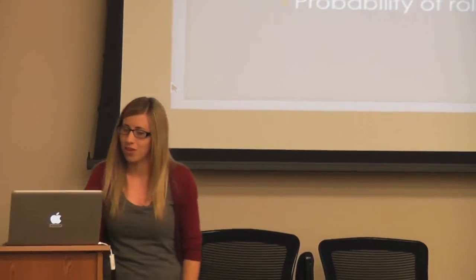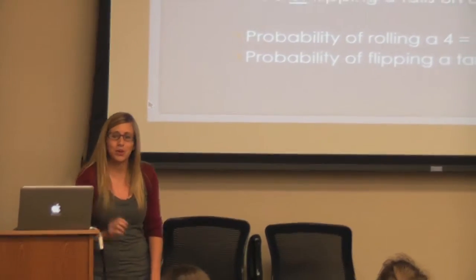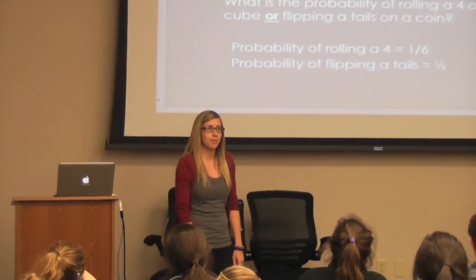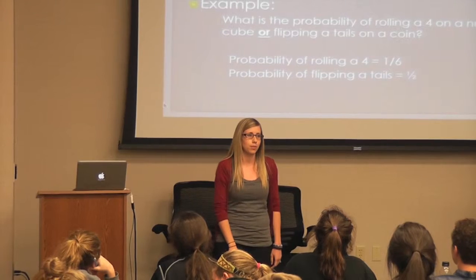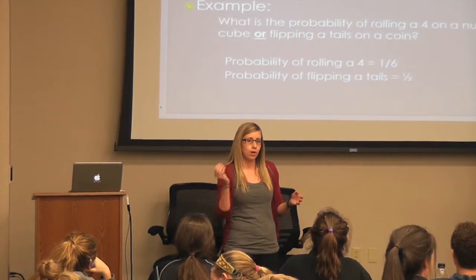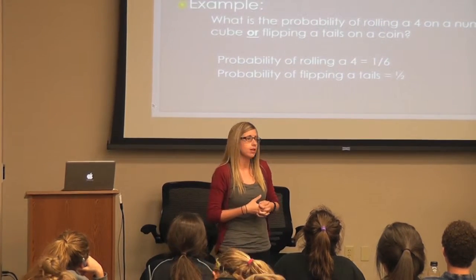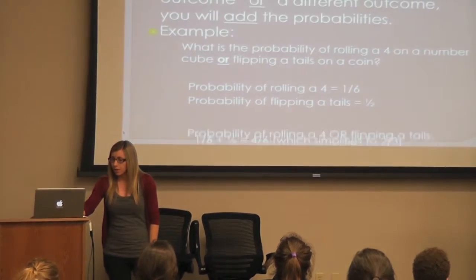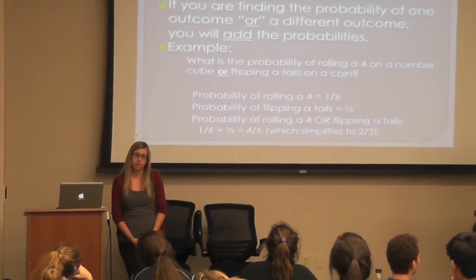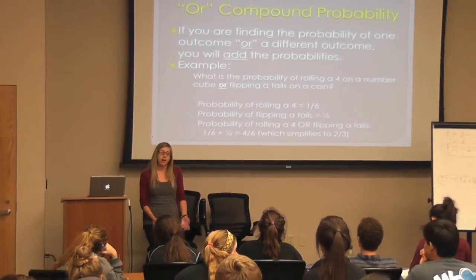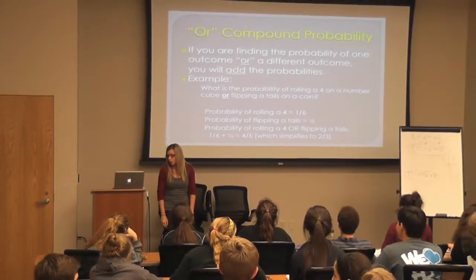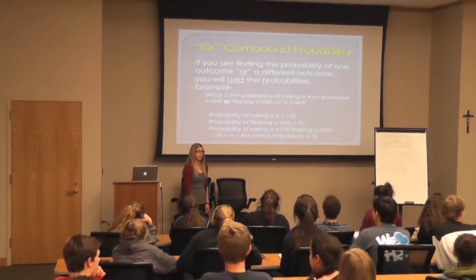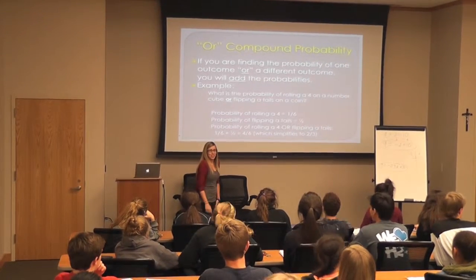We did this just a second ago. 1/2. Whenever we're doing compound probability that deals with one outcome or a different one, we use addition. So we're going to add the 2 different probabilities. 1/6 plus 1/2, well, you have to find a common denominator. And then you get 4 over 6, which simplifies to 2/3.